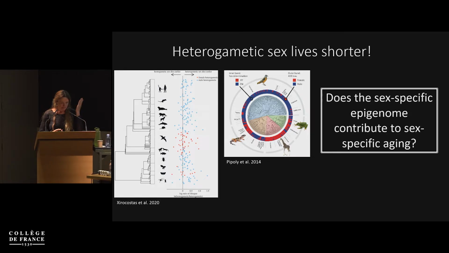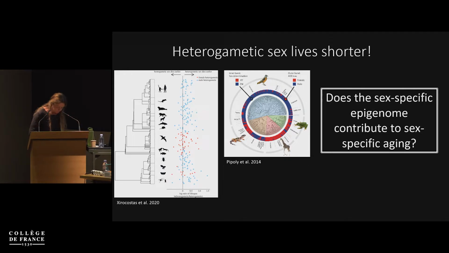So as I mentioned, heterochromatin amount differs between males and females, or between the heterogametic and the homogametic sex. The heterogametic sex tends to live shorter, and heterochromatin is being lost during aging. So what we were interested in is showing whether there's indeed some evidence that the sex-specific epigenome differs between males and females during aging, and whether a loss of heterochromatin might contribute to faster aging in males.